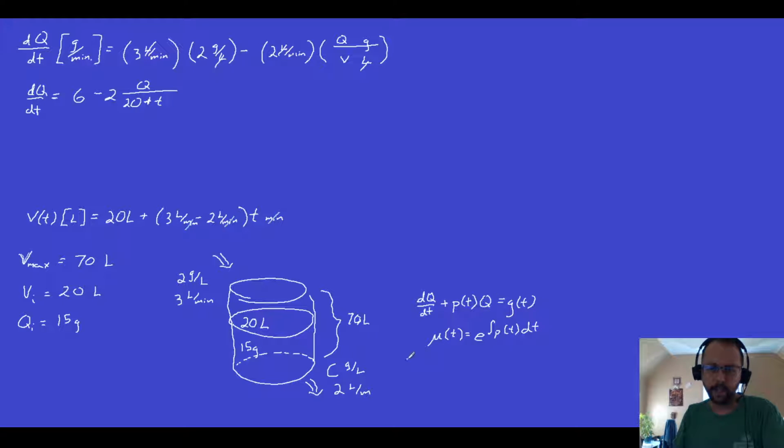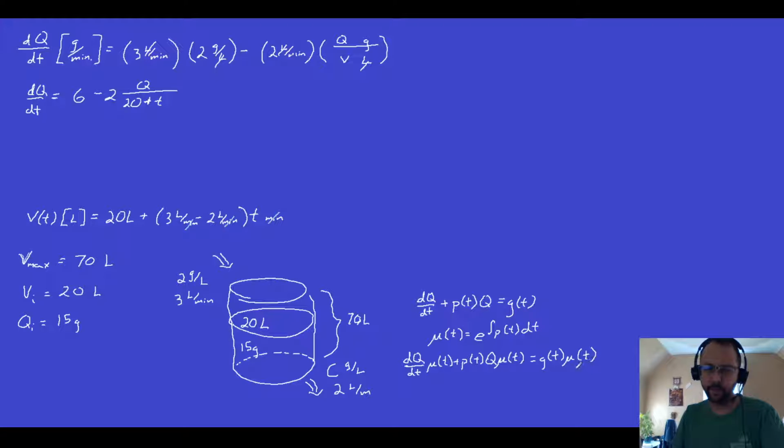Then we're going to multiply this mu of t times all three of these terms. So we'll have dq/dt times mu of t plus p of t times q times mu of t equals g of t times mu of t.